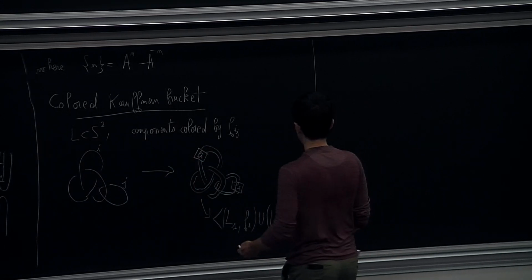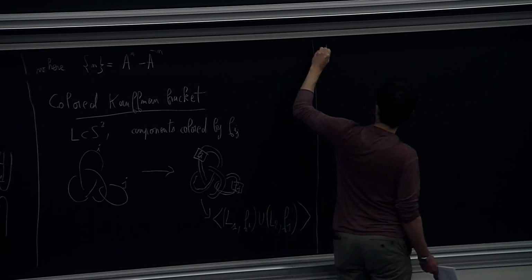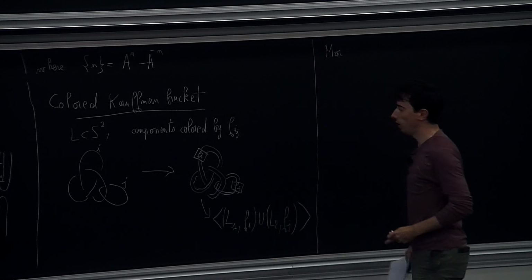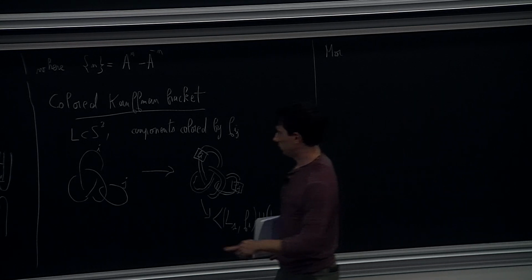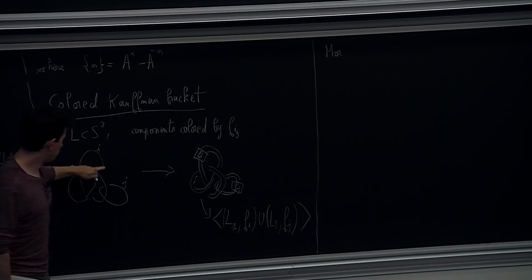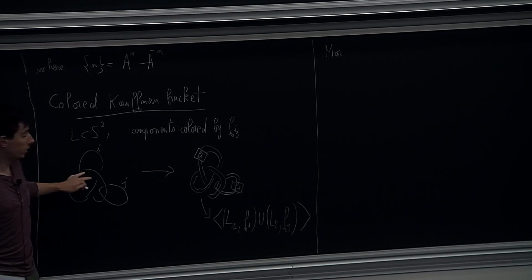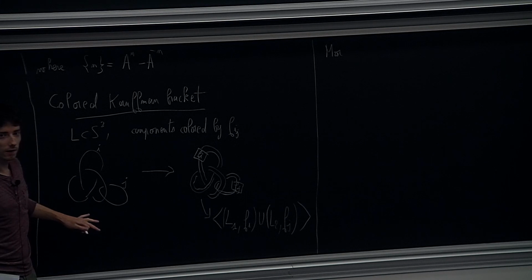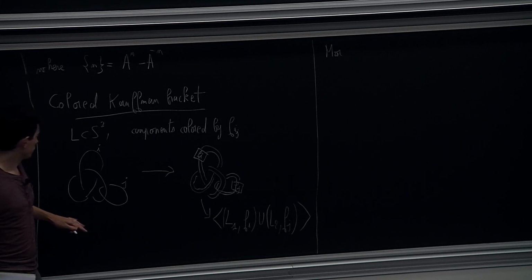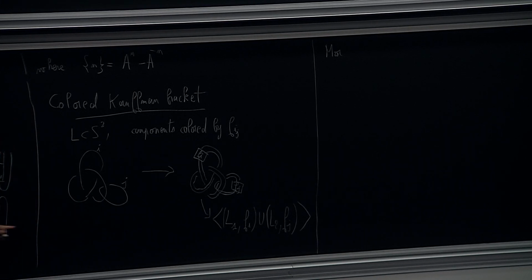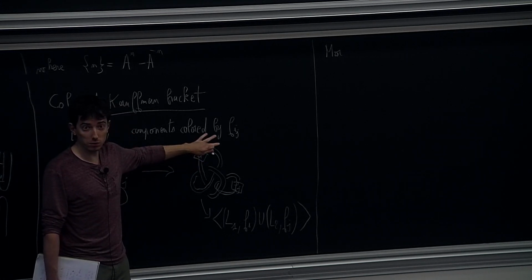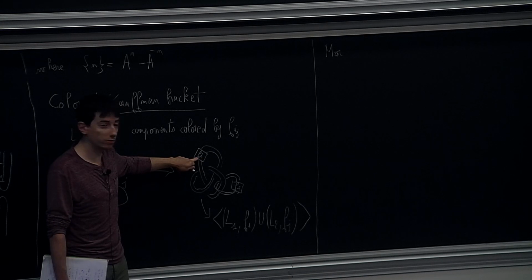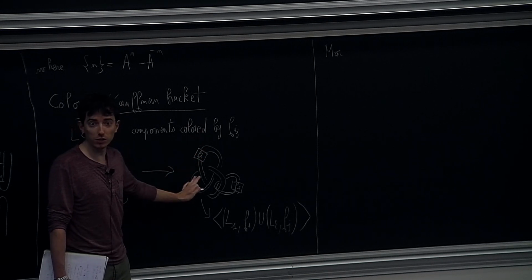So we can do that, and we can more generally. So this is a knot, this is a component. So I open one of the strands of the component, put an f_i, and it won't matter where I put it.